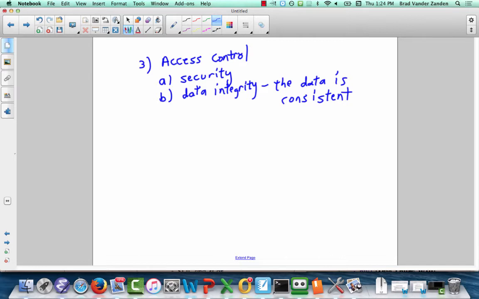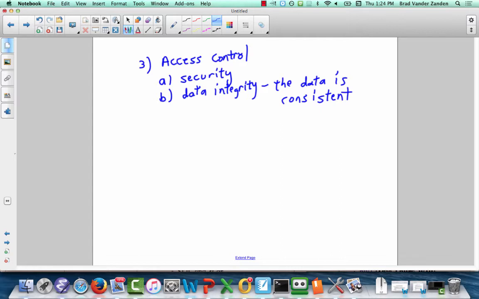How many of you have heard of NoSQL? Most of you. Okay. Very trendy. One thing that NoSQL does is it relaxes the restriction on data integrity. It's willing to tolerate temporary inconsistency in the database as long as it converges to consistency within some period of time.